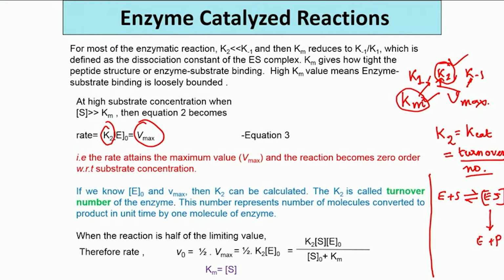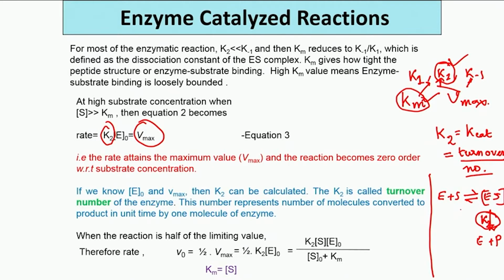We are just removing the EP as an intermediate, because that is a very transient species, so we do not consider that. Now, suppose I say that this is the k2, that is the turnover number.